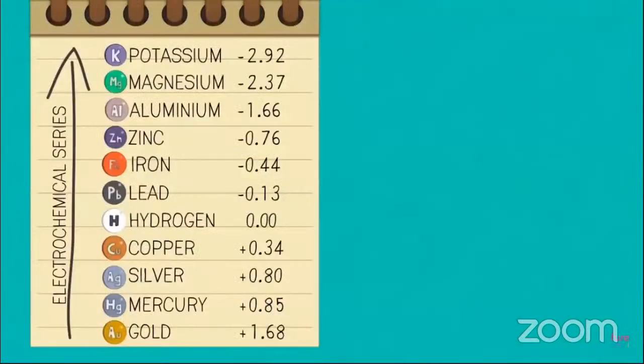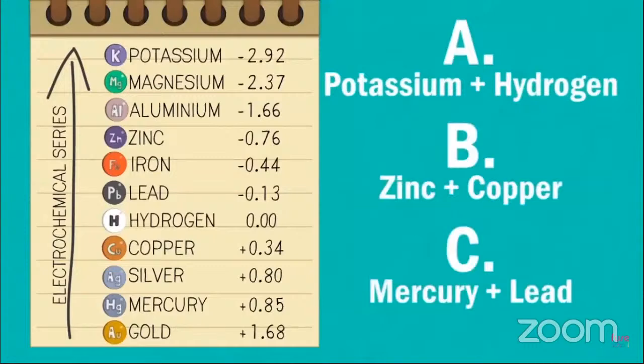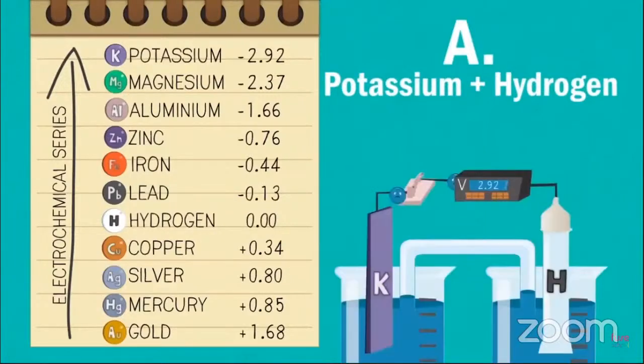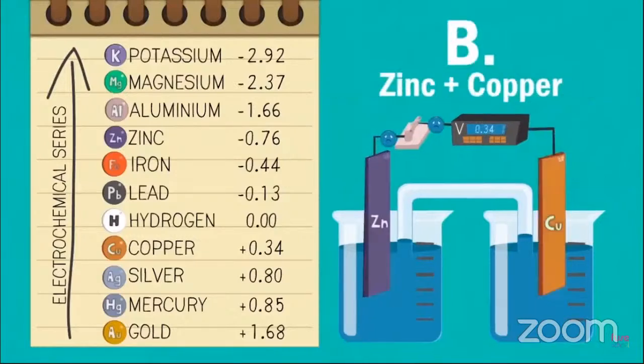Using the electrochemical series, can you predict the direction that the electrons will travel towards for the following pairs of metals? The electrons always move from the metal with the more negative electrode potential to the more positive electrode potential. Pause the video and continue when ready. For A, the answer is the electrons move from potassium to hydrogen. For B, the answer is the electrons move from zinc to copper.